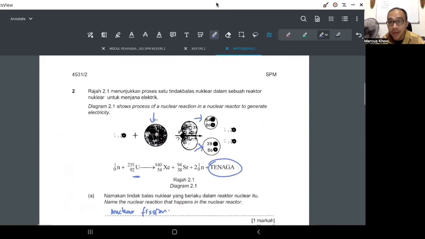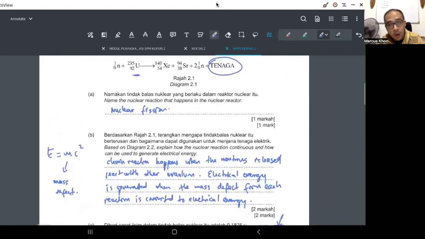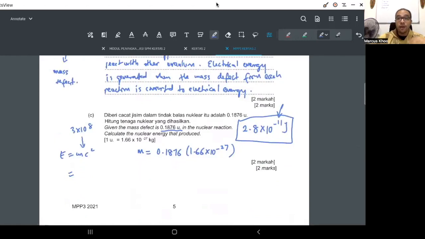We know that nuclear energy is a very big amount of energy because there are tons of reactions that happen at the same time. That's where we get this big energy. So don't be surprised if the nuclear energy you calculate has a very small value. Times 10 to the power negative 11 is a very normal value because that's just one reaction only. So don't expect a very big number.